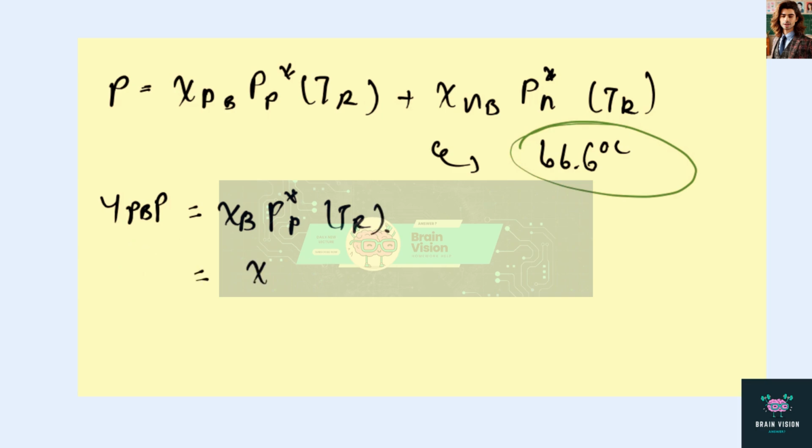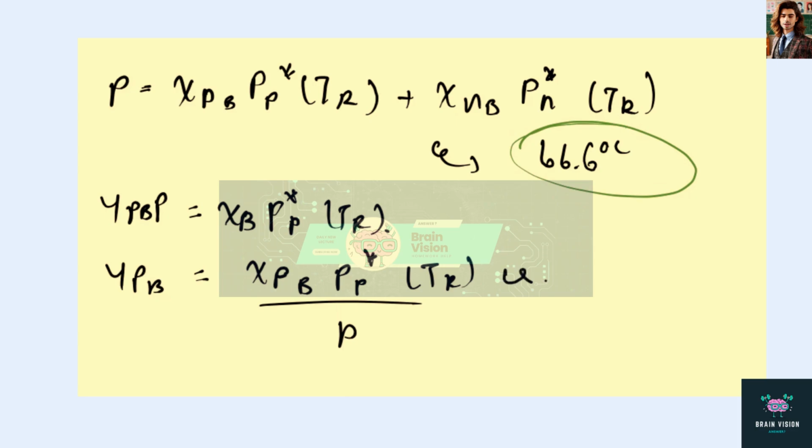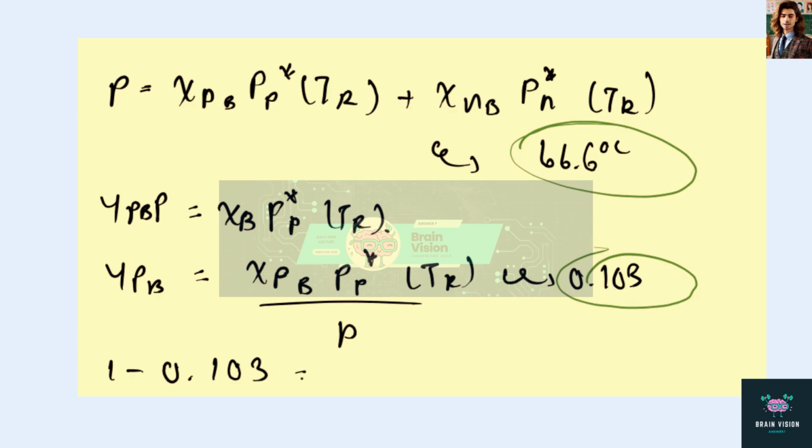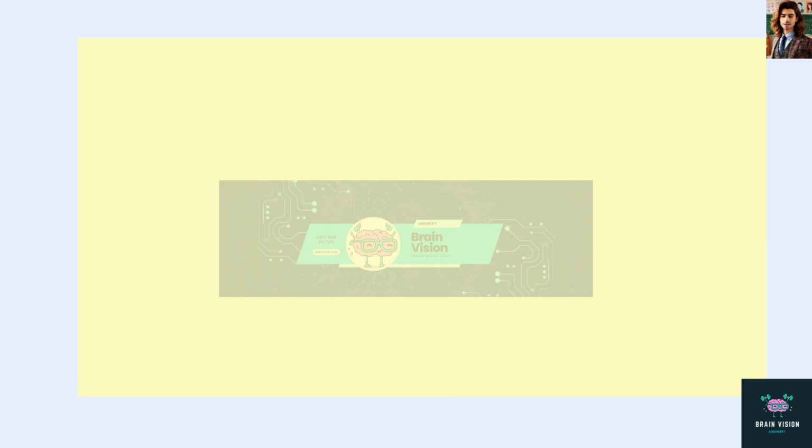That can be rearranged, XPB PP TR over P. And then we solve for 0.103, and then we can look at hexane. So hexane is simply 1 minus 0.103, which would be 0.897. So we've just done pentane and hexane, respectively.